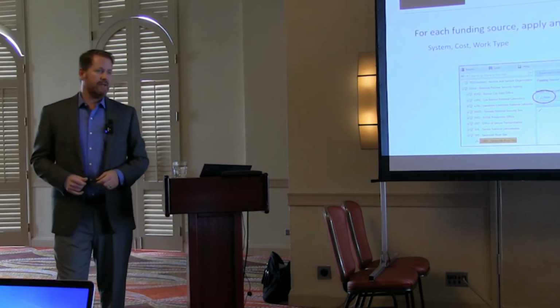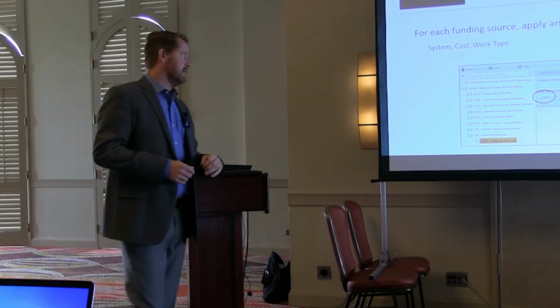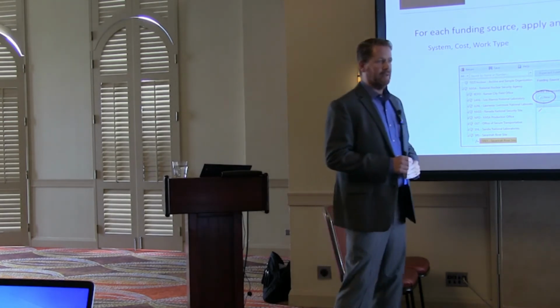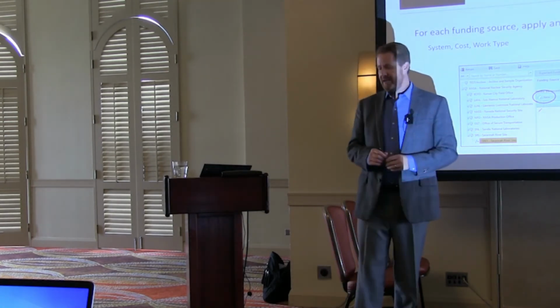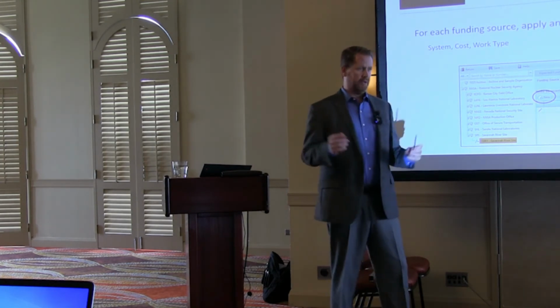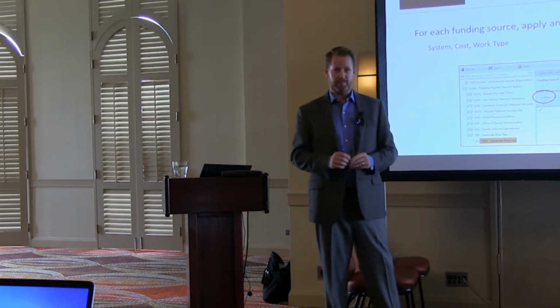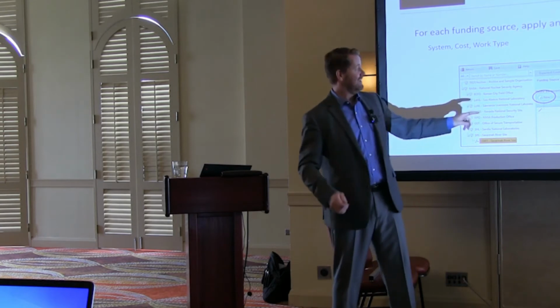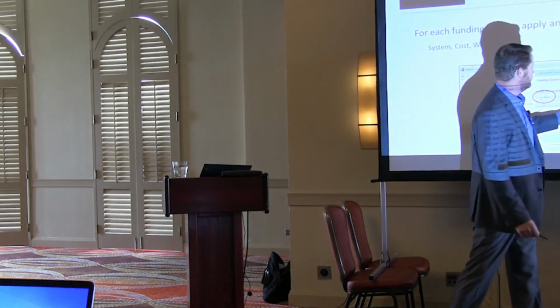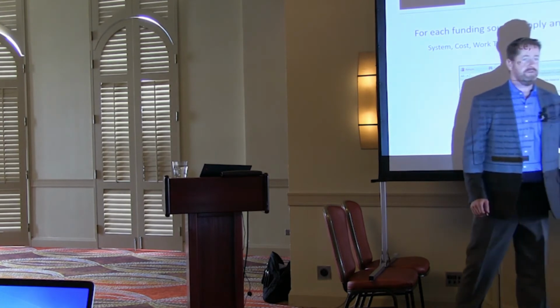Next, after you've identified multiple sources of funds, you can say, I don't want to just use it for everything. This is not tax collection where they say they're going to use it on roads and then it ends up in the general fund and you get to manage with potholes. You can say, hey, my major project funding source can only be used if the work cost is greater than or equal to $50,000.